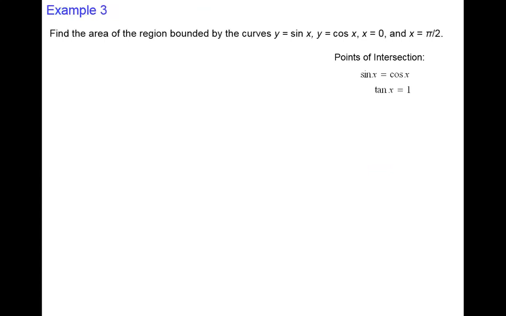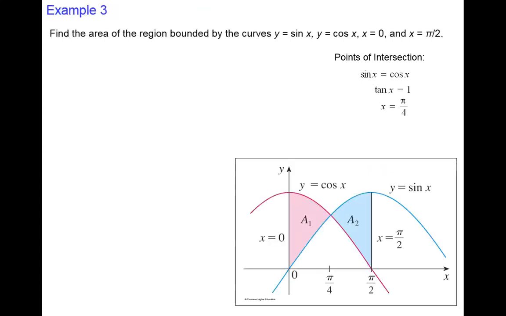But I did divide both sides by cosine of x. I have tangent of x equal to 1, and tangent for what angle is 1? For pi over 4. Okay, that means I have my cosine curve, and, oh, actually that's cosine, that's sine, and from 0 to pi over 2, we can nicely see the point of intersection.